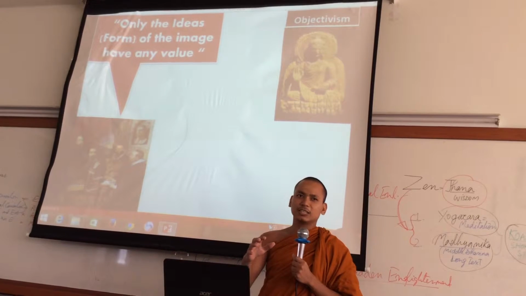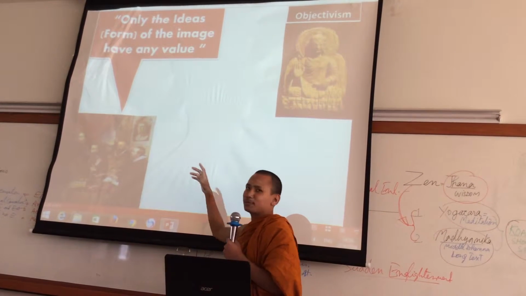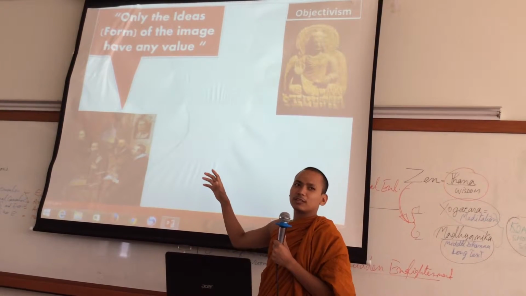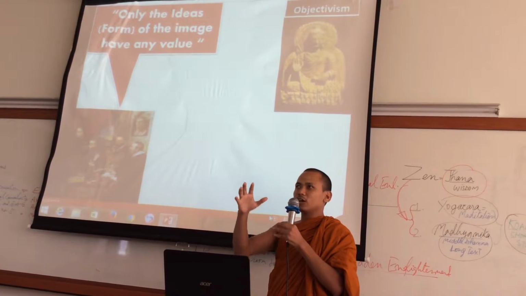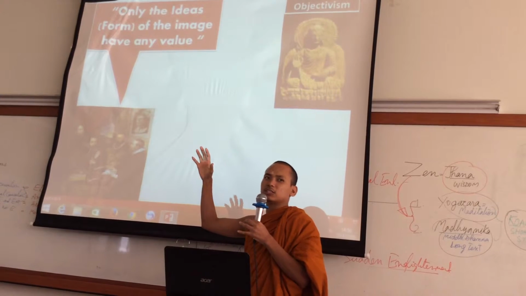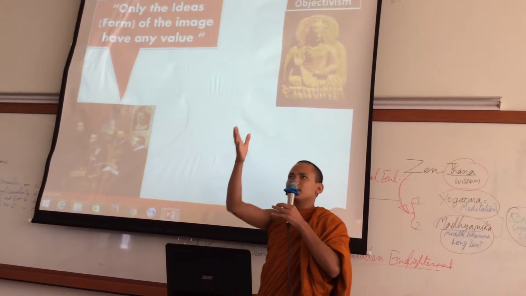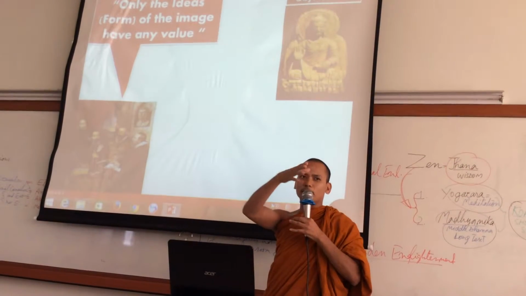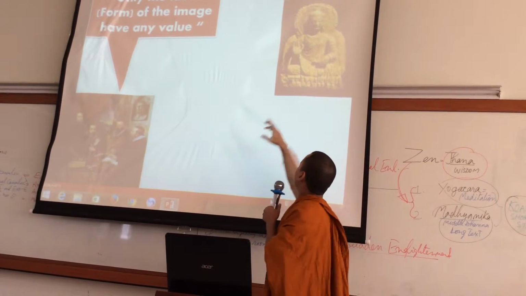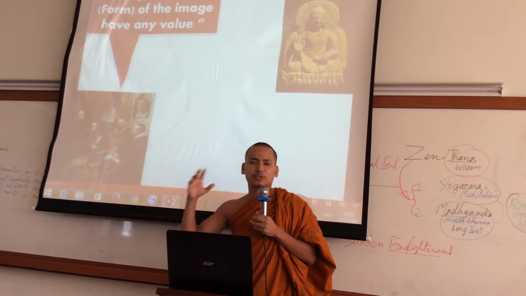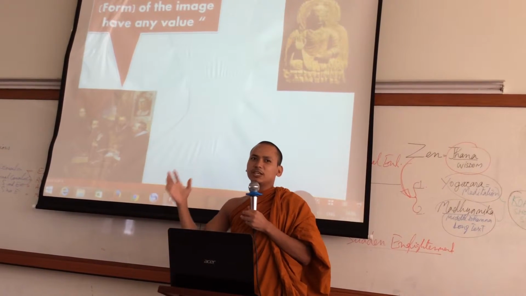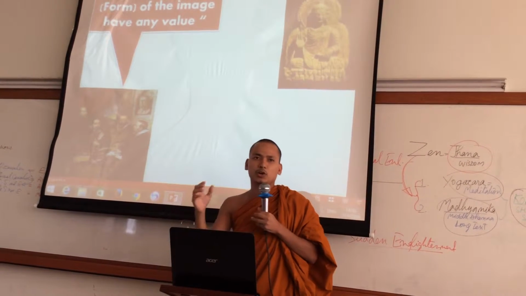They will not see what this image really has, what it looks like. They will talk about the form of this image, how it is created. They will not talk about the values or the beauty that this image has. They will talk about the forms.